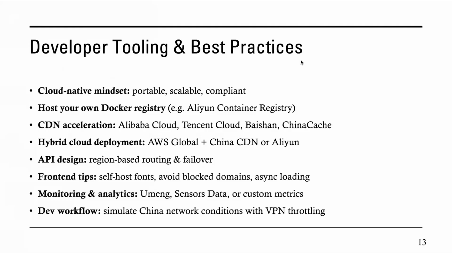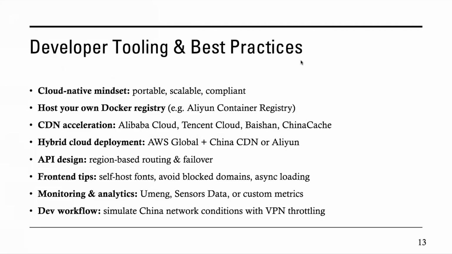CDN acceleration, right? So make sure all your static assets are also deployed in mainland China and have CDN acceleration. There are a lot of companies that do that, Alibaba, Tencent Cloud, and so on. You can use any one of them to make sure that whenever someone tries to visit your website or your assets from within mainland China, it is served from a CDN within mainland China.